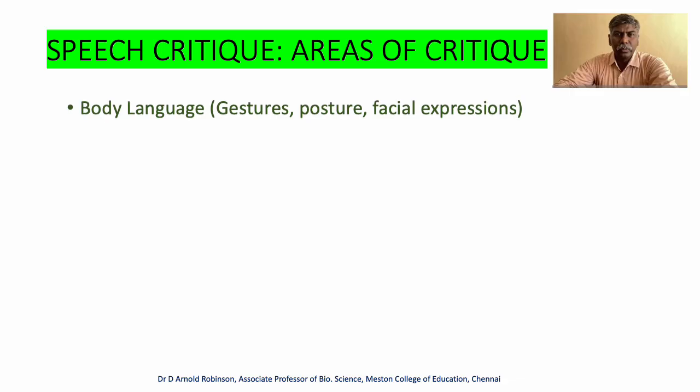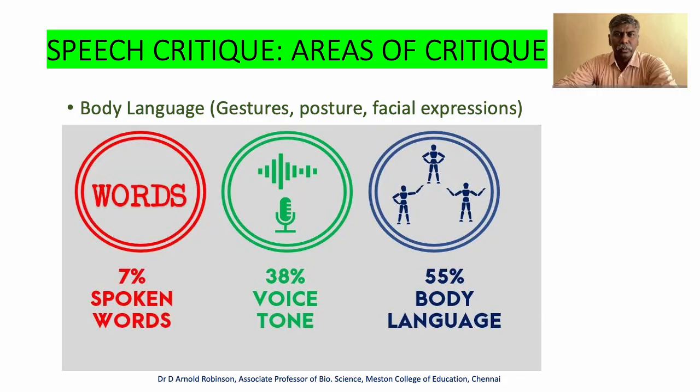Next, the very important area of speech critique is body language. Here I would like to emphasize the rule of communication, 7-38-55. So this is the rule of communication. Usually 55% of body language is observed by the audience, 38% for voice.